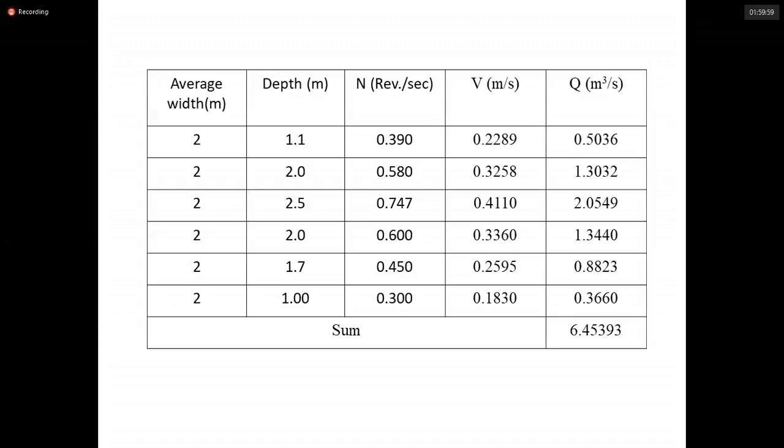Up to this point is enough for you. This is the area velocity method.